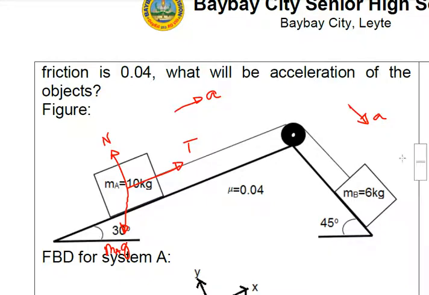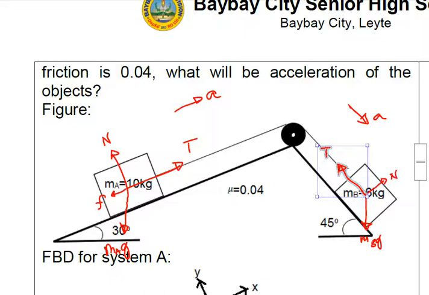So the frictional force is somewhere here, this is F, the tensional force, and this one has a tensional force T. Notice that they are connected. Then you have the weight going downwards, this is m_B times g. And then what else? You have the normal force.